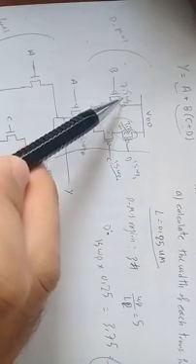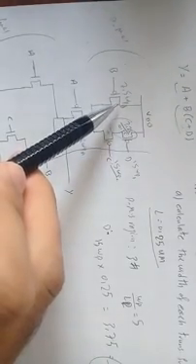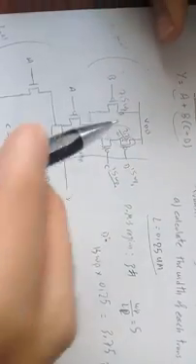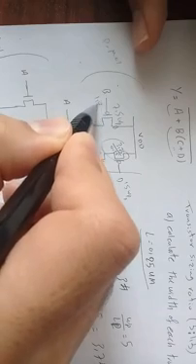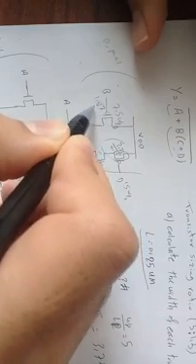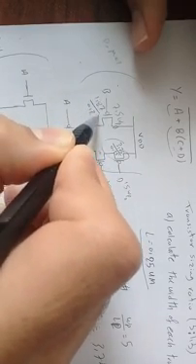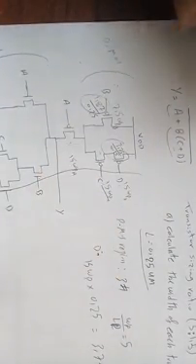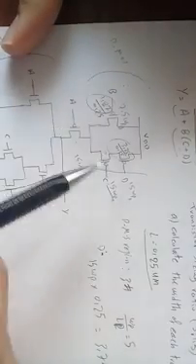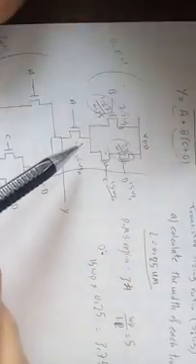Just multiply it by 0.25 and you will get 1.875 over 0.25. It will be the ratio of this transistor. Now we have done sizing for the PMOS region.